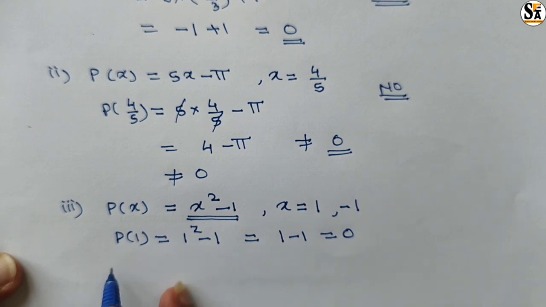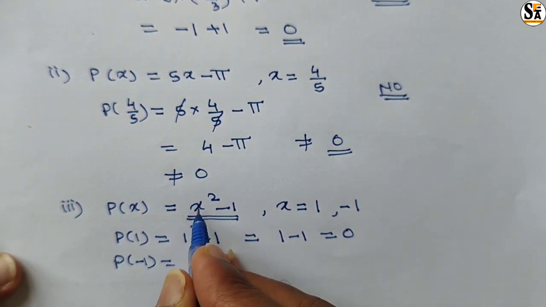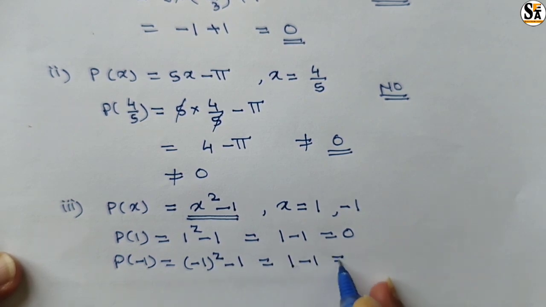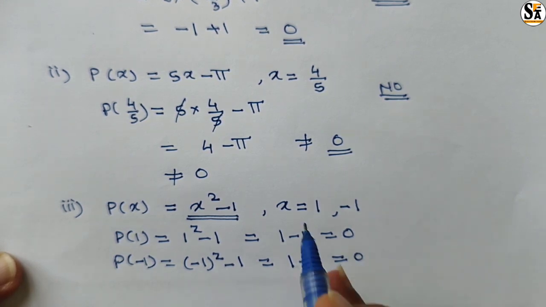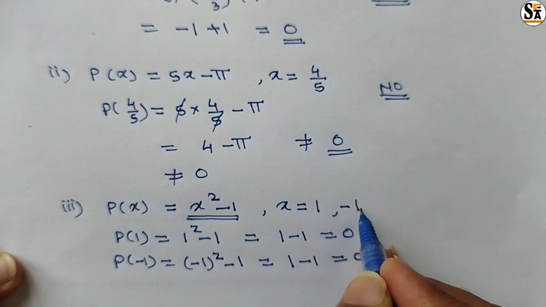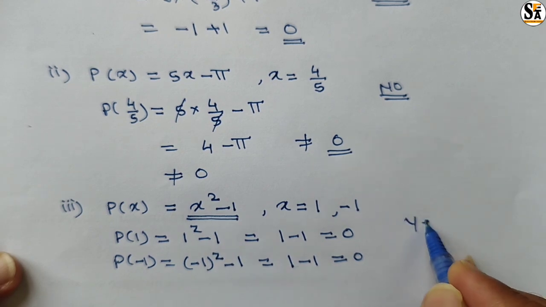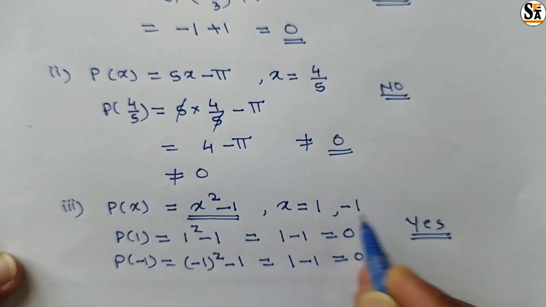And in the second case, p of minus 1, put the value of x as minus 1. So minus 1 square minus 1, minus 1 square is plus 1, then minus 1, 1 minus 1, again we are getting 0. As we are getting the polynomial value 0 when we put x equal to 1 or even minus 1, these are the two zeros for this polynomial. So our answer is yes, both are zeros of this polynomial.